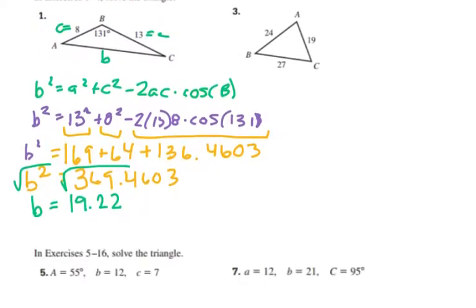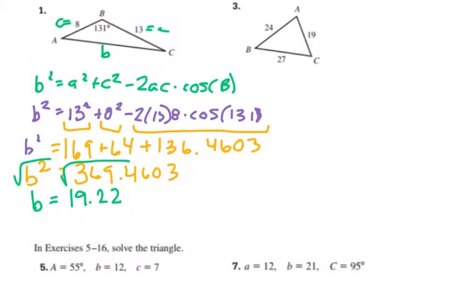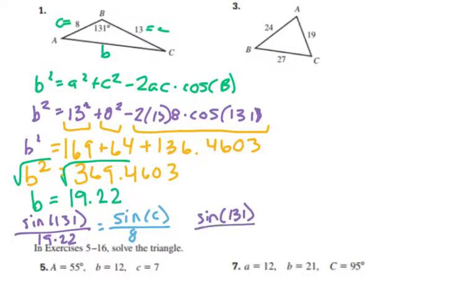Alright, so now that we know B, we can go ahead and find our angle measures using sine. So, law of sines now says that sine of 131 over 19.22 could equal the sine of C over 8, or we could set up sine of 131 over 19.22 and have that equal to sine of A over 13.